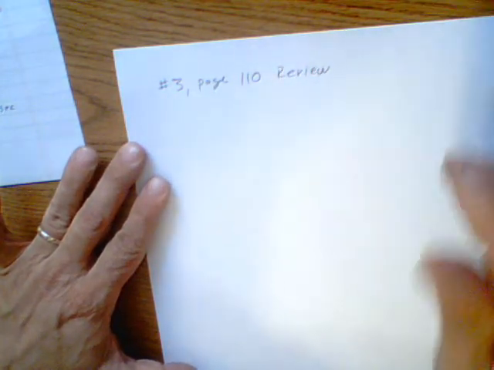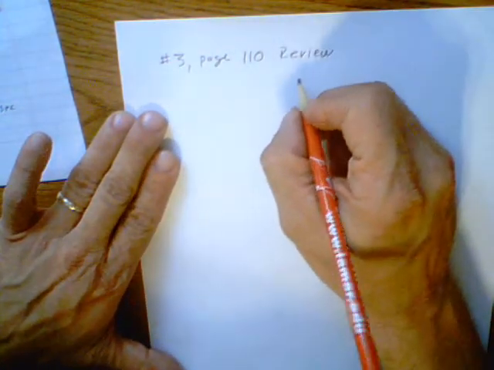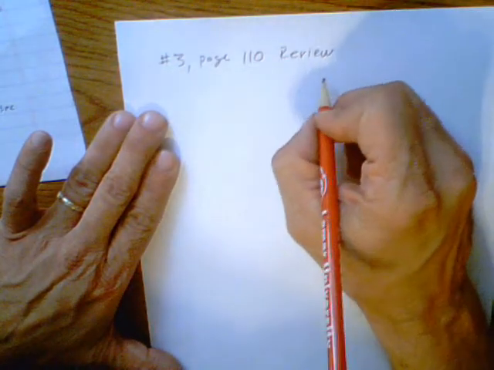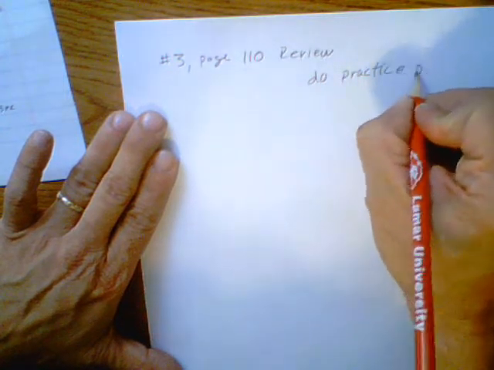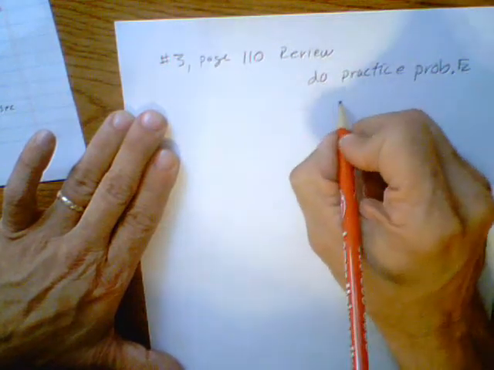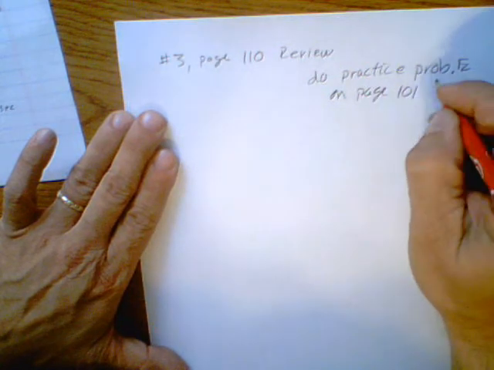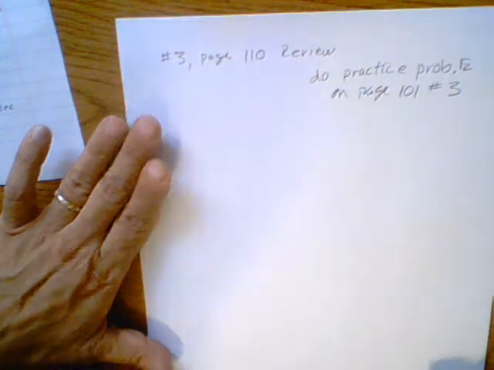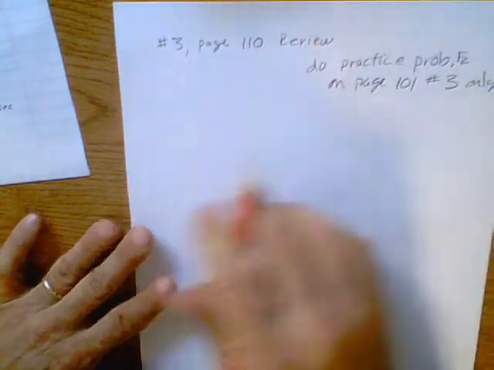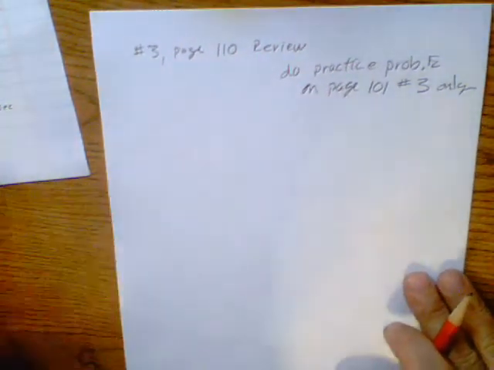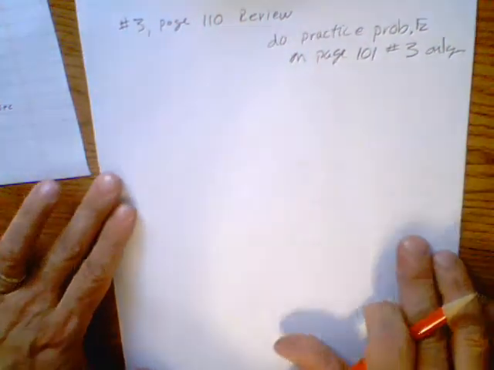Another one you could work out after I've worked this one out is practice problem E on page 101, number 3. Just do number 3 only, don't do 1 through 3. I think that one should be fairly representative, and fairly simple.